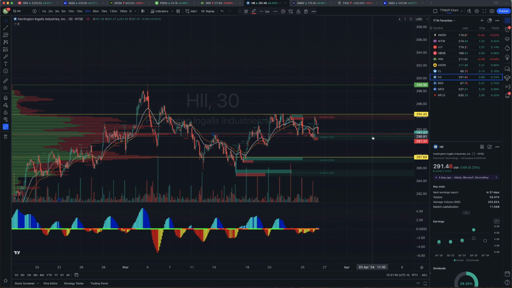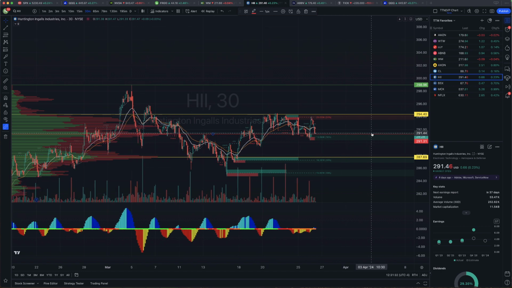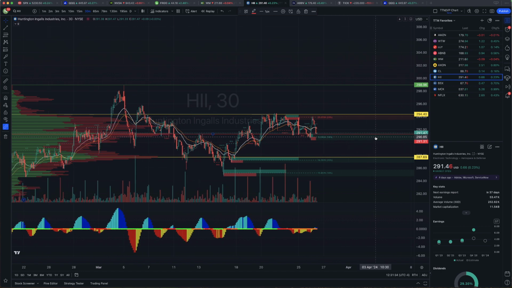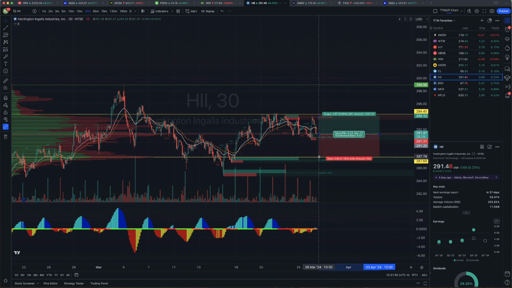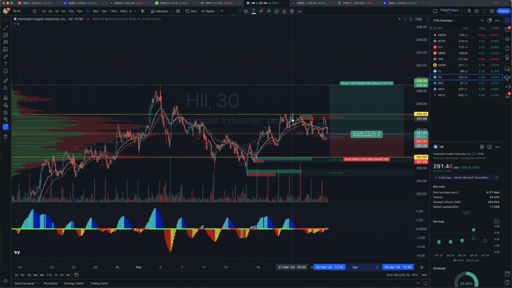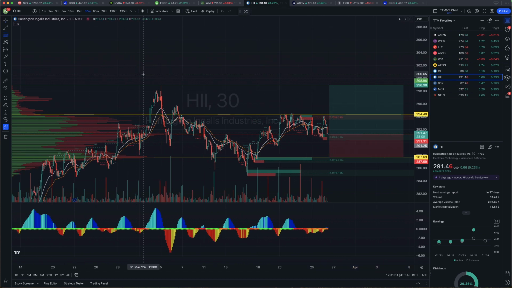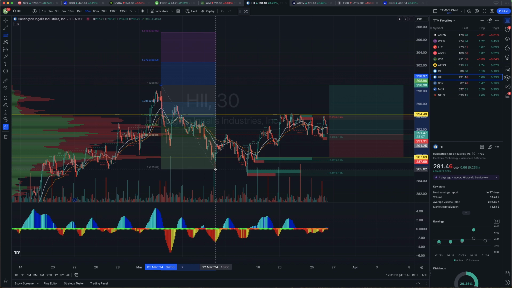Your stop out level. So here you could take a shot in theory, right? And if you use this as your stop, and that is your target, it's two to one. It's okay. And then you draw in your extension here. And then your trailer target is 302.